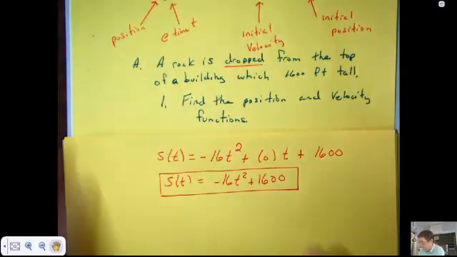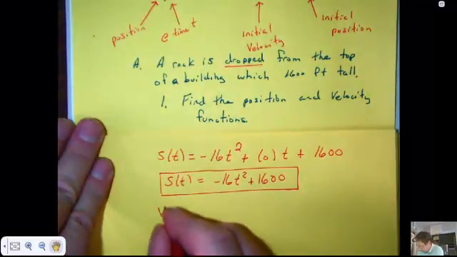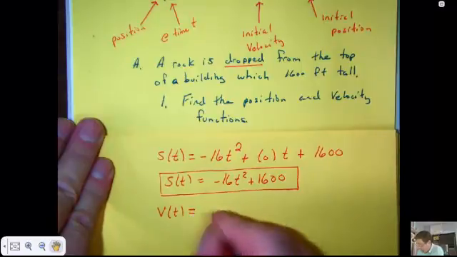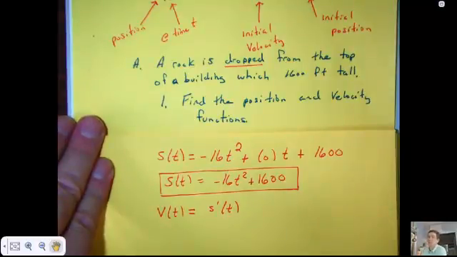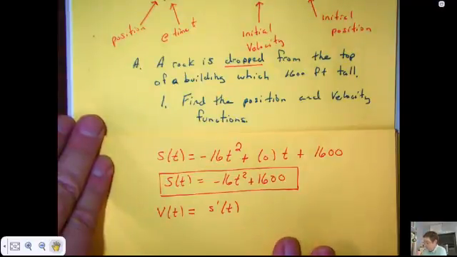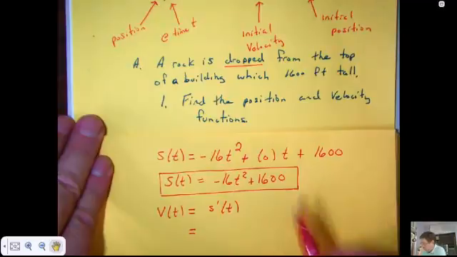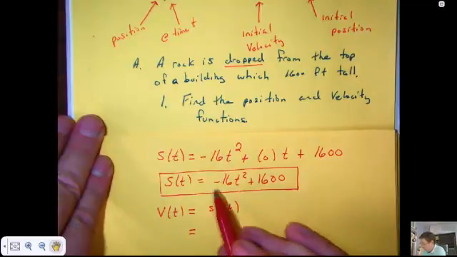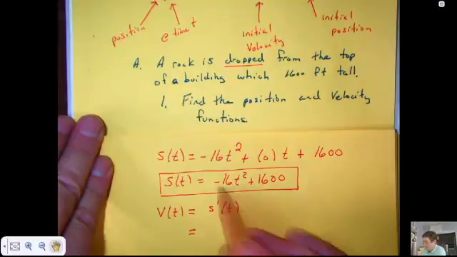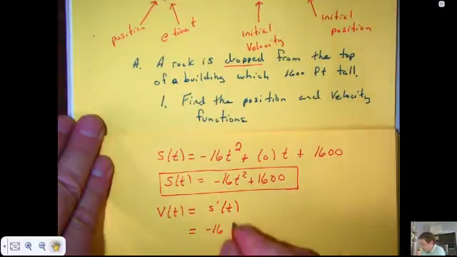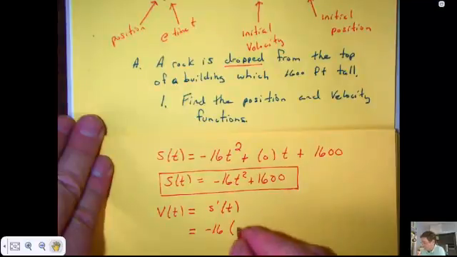What about the velocity function? Well, we know that is the derivative of the position, right? So, let's see. In this negative 16t squared, negative 16 would be a coefficient, right? So it's negative 16 times the derivative of t squared, which would be 2t to the n minus 1, or 1.